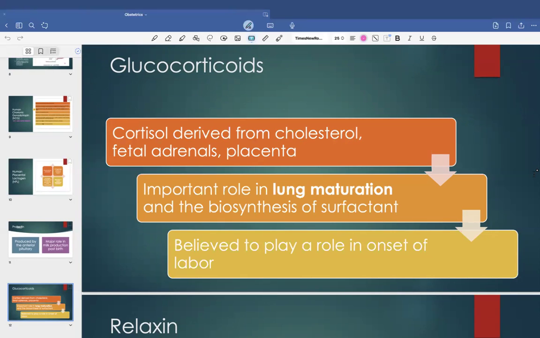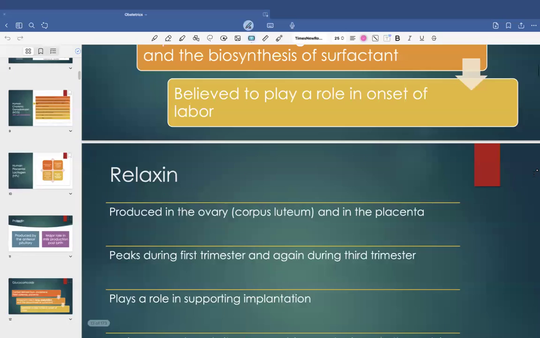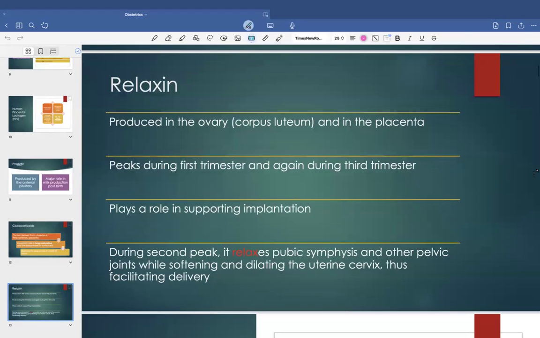Relaxin. Relaxin is produced in the ovary by the corpus luteum and in the placenta. It plays a role in supporting implantation. It peaks during the first trimester around week 10, and then it declines. And then it peaks again during the third trimester to prepare the body for labor.